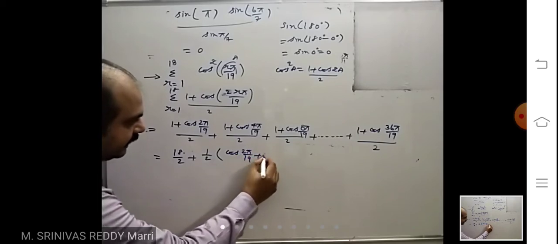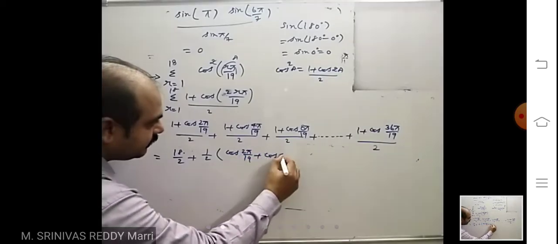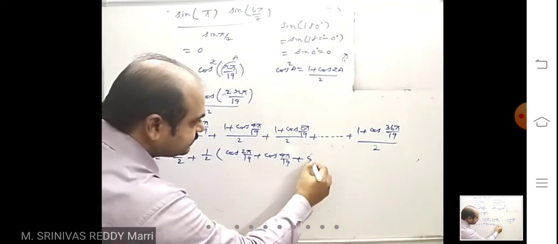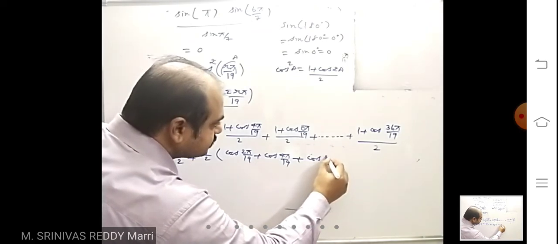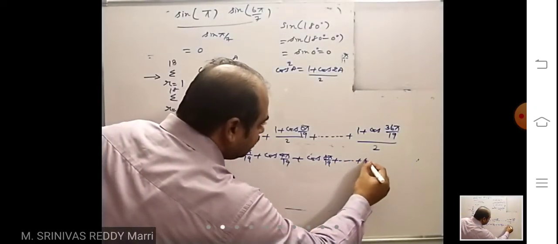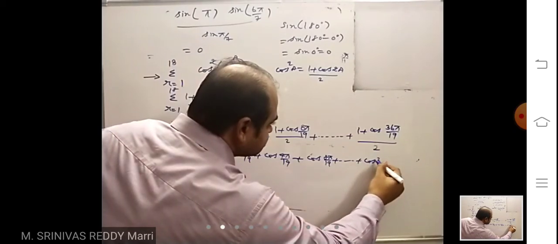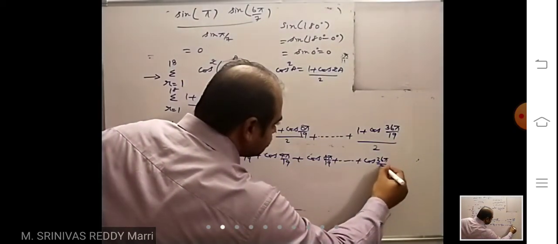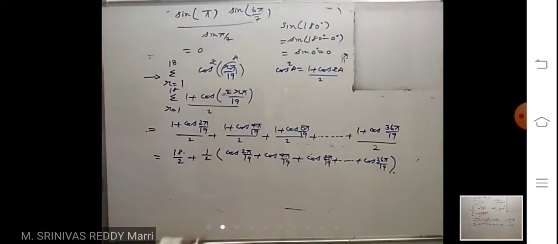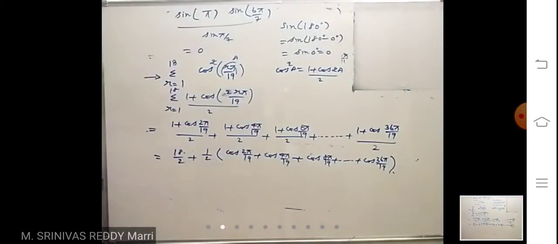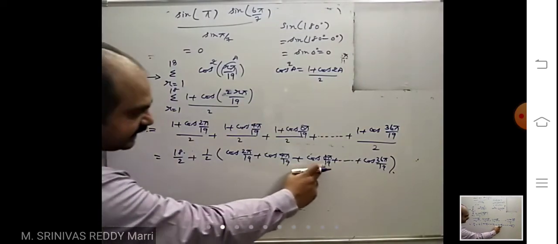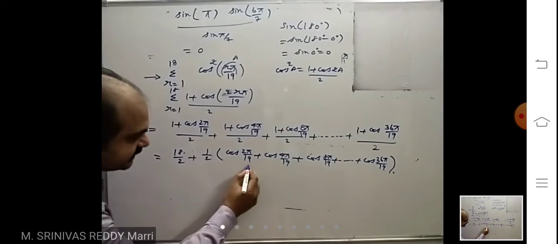2 pi by 19 plus cos 4 pi by 19 plus cos 8 pi by 19 and so on, cos 36 pi by 19. So now look here, these are 18 terms. Angles are in AP: first angle, second angle, third angle, the common difference is the same.